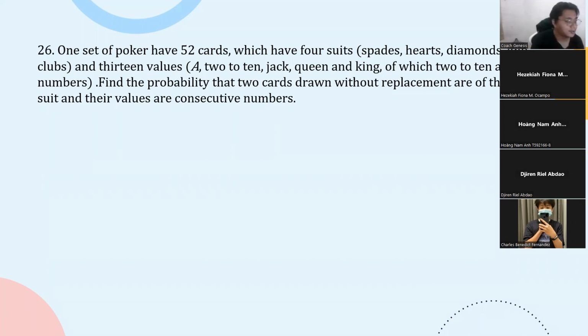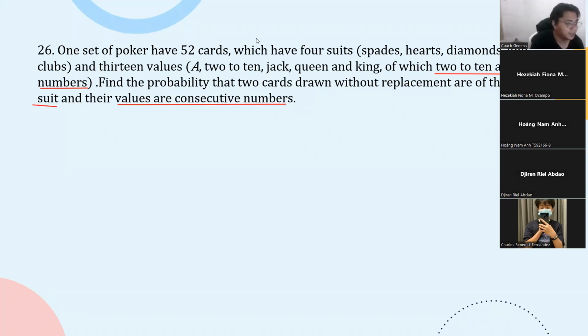So we have A, 2 to 10, Jack, Queen, and King, of which 2 to 10 are numbers. So as you can see, it already says 2 to 10 are numbers. Find the probability that two cards drawn without replacement are of the same suit and their values are consecutive numbers.